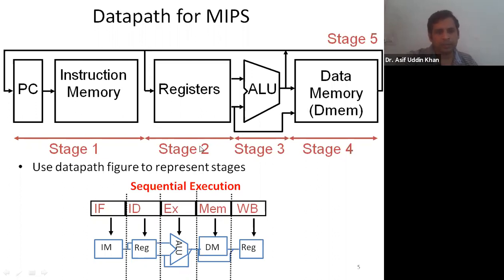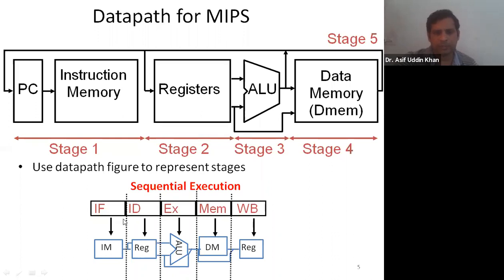And as I discussed in the previous slide, I discussed different stages of execution of the instruction in a RISC architecture. So here you can see these are the stages. This is showing the sequential execution of the instructions. All the instructions, in order to complete their execution, have to traverse all these phases or stages.